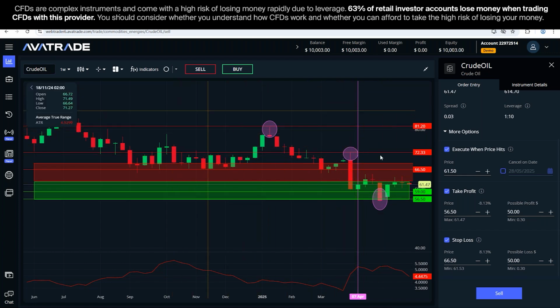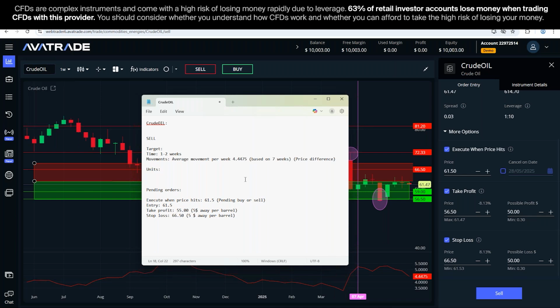That's the idea here, and we validated this with the average true range. Now we know the average is 4.4, and we're looking for $5 away from our entry, which makes sense since we validated this with an indicator. So the actual expected movement is 5.